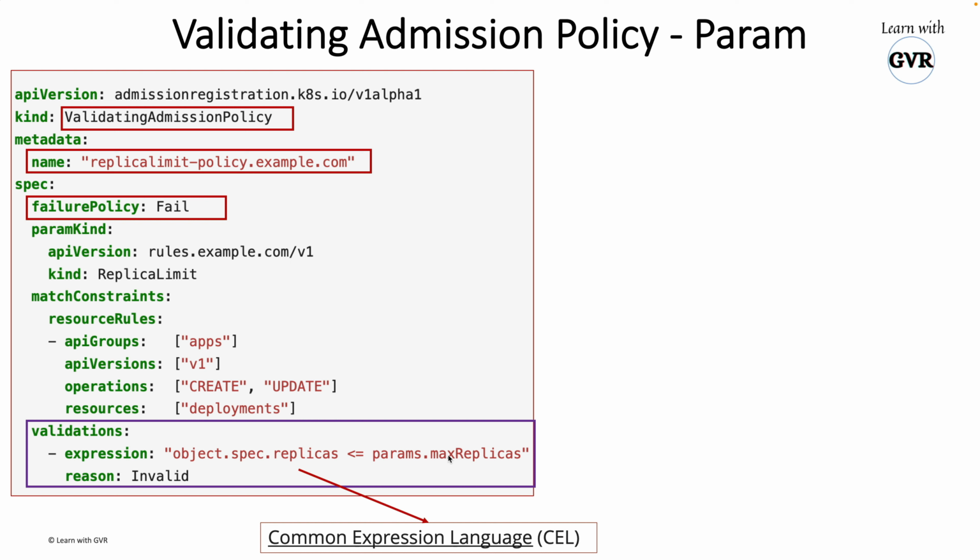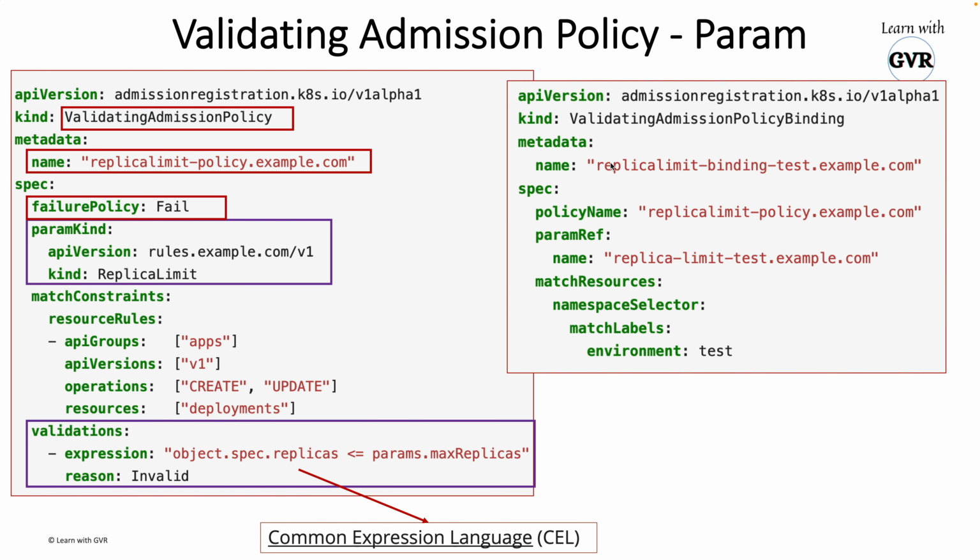What is this params.maxReplicas? Here you have to specify it at the same level after the spec. Parameter kind: what is a parameter? Parameter is an API, this is a kind of replica limit. So this is a replica limit. Just remember this name.